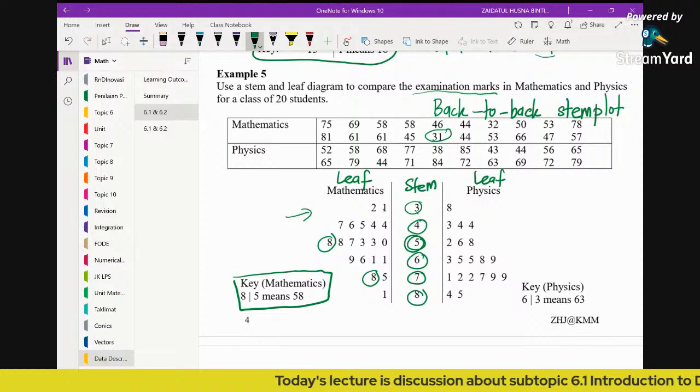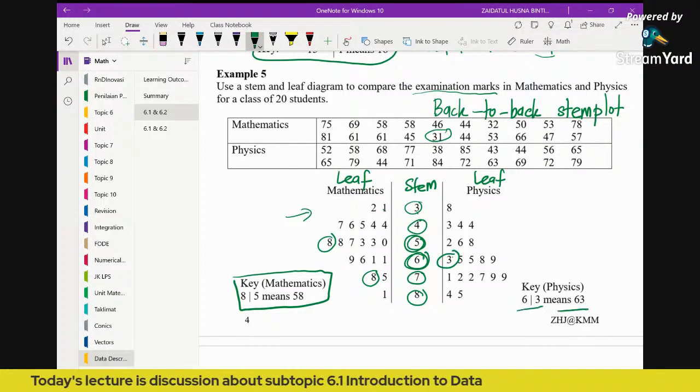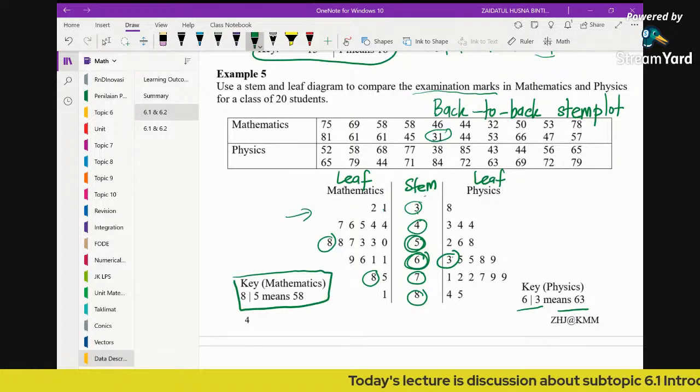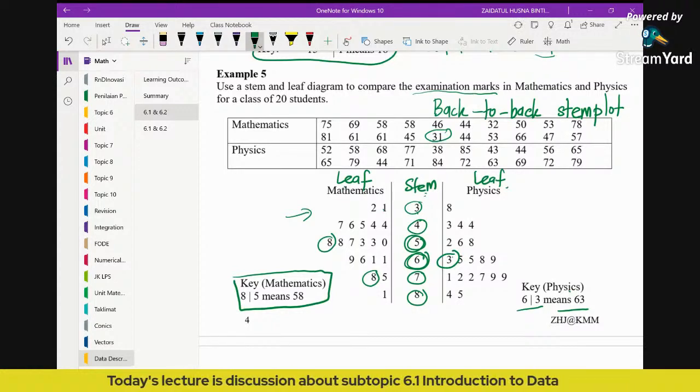But for the physics, if you have 63, then it means 63. So the reading of the mathematics score is different, because the stem comes after the leaf, while for the physics, the leaf comes after the stem. So it's not a problem, but again, you have to provide a key for both.